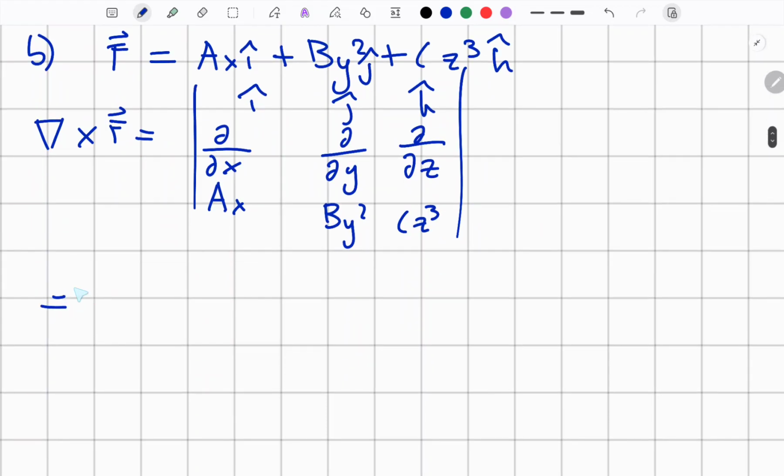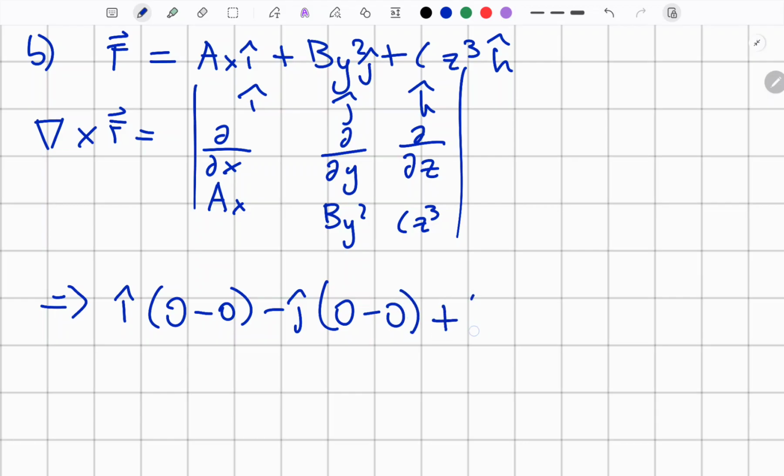So when we take this determinant, we're going to have I, that with respect to y is 0, this with respect to z is 0, and we're going to flip the sign, have our j, that's going to come out to be 0, that's also going to be 0, plus our k, and that's going to be 0 and 0 again.